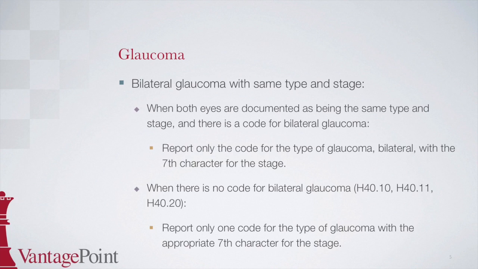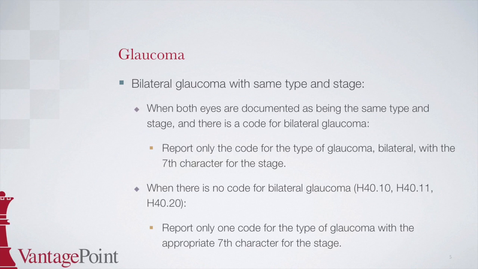However, there are some glaucoma codes, including H40.10, which do not have an option for bilateral. Therefore, you're going to report 1 code for the bilateral glaucoma when both eyes have the same stage and same type of glaucoma, such as H40.10X3, which is unspecified open-angle glaucoma, severe stage.